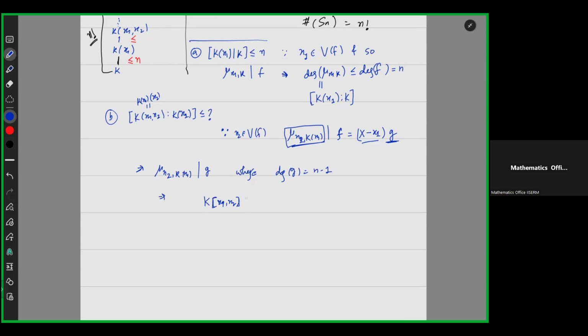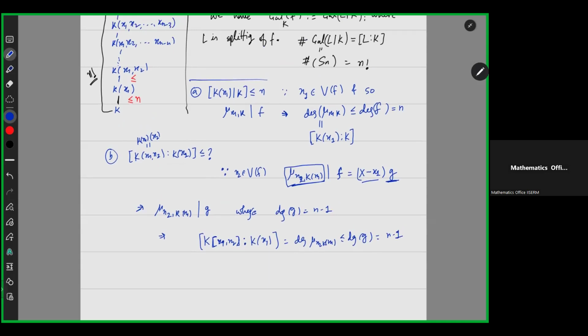Okay, if this is my fault, I should not write square bracket. For K, I should write round bracket only. This degree of extension K(x1, x2) over K(x1) is nothing but the degree of mu x2 over K(x1), but this degree is less than or equal to the degree of g, which is actually n minus 1.